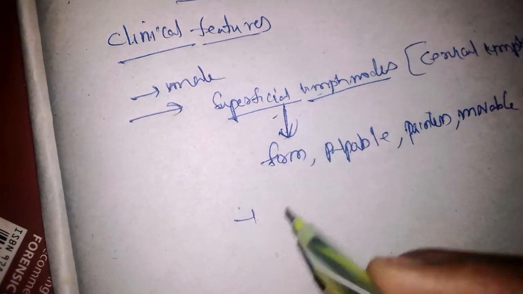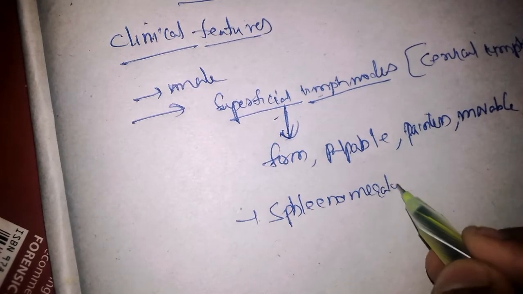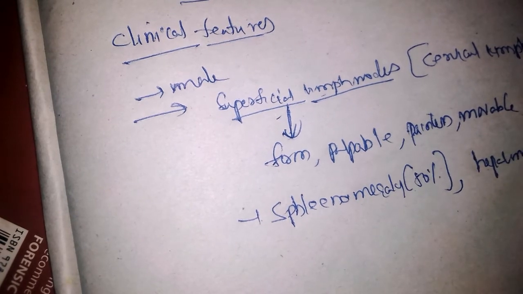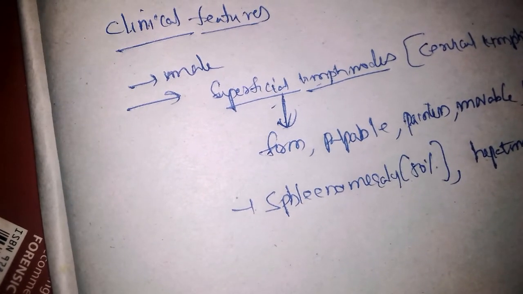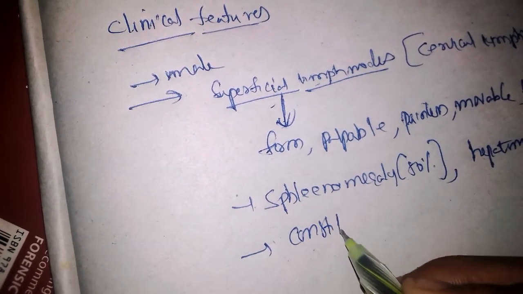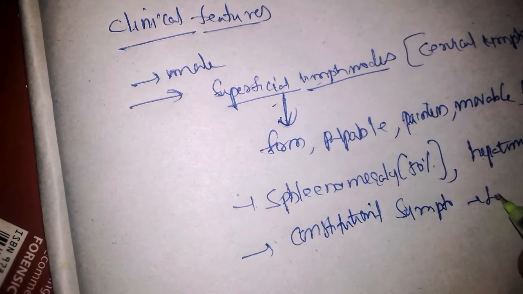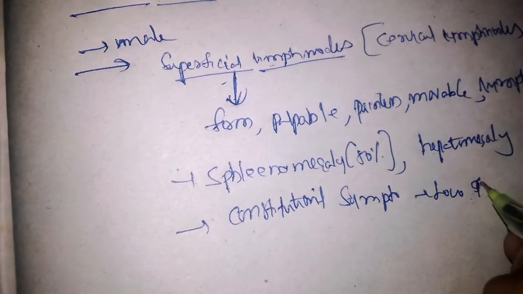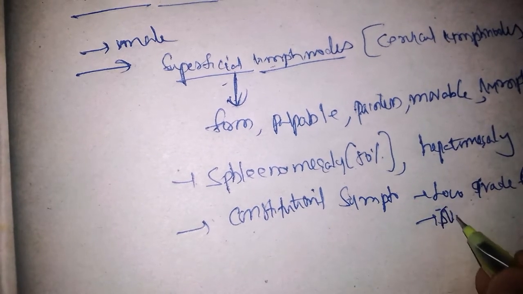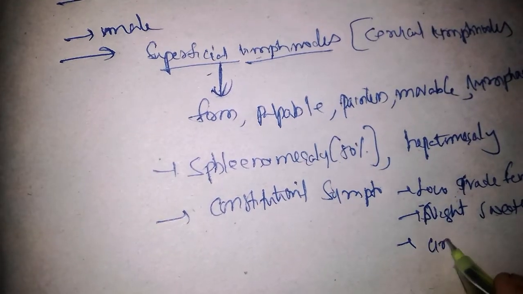They usually have splenomegaly in 50% of patients. And sometimes we can even find hepatomegaly, right? Hepatomegaly, splenomegaly, all these things will be there. And there are constitutional symptoms. These constitutional symptoms include low grade fever, night sweats, and unexplained weight loss.